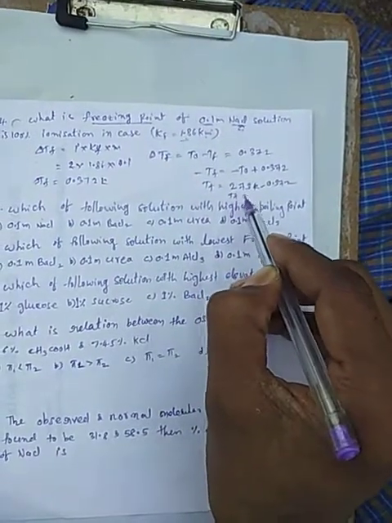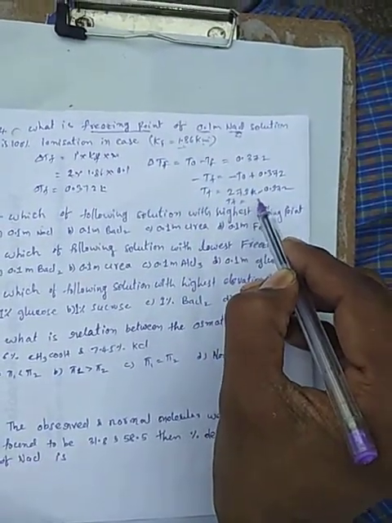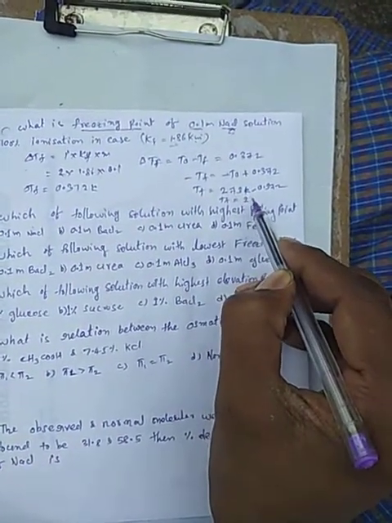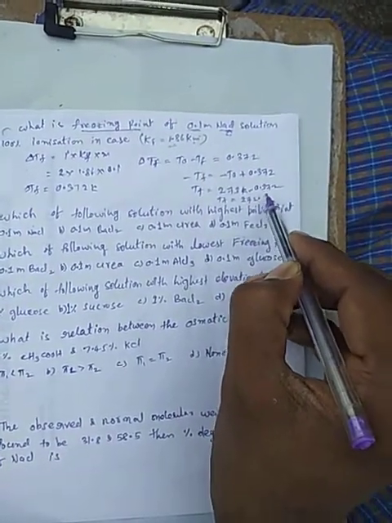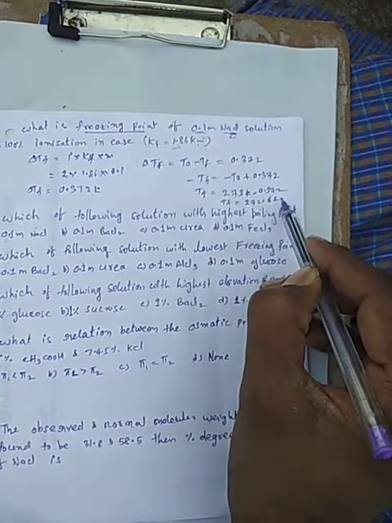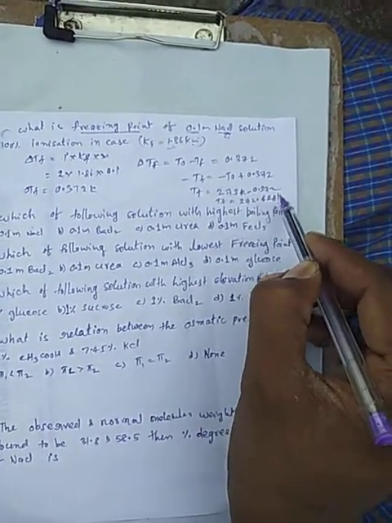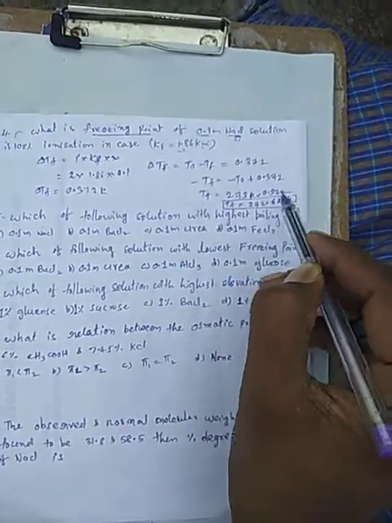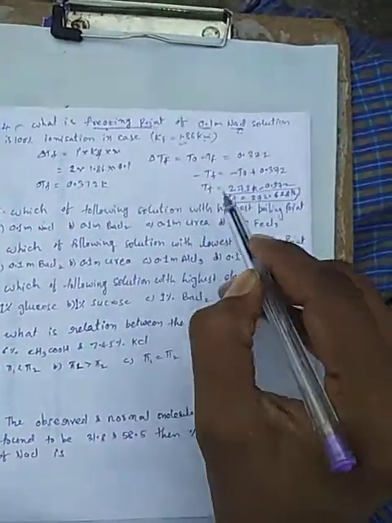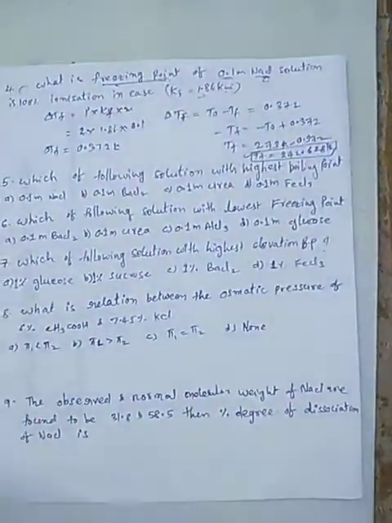Now Tf, finally we will get 272.628 Kelvin. This is our answer. They are asking the freezing point question. It is the freezing point of the solution.